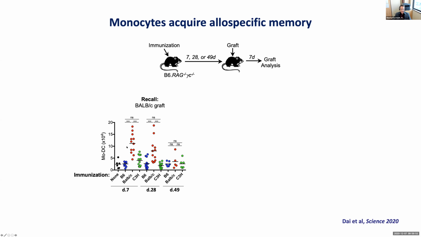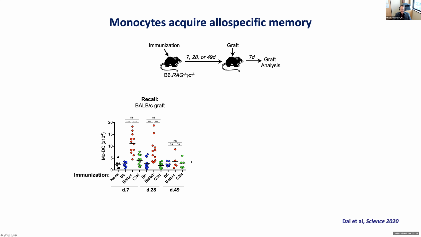What you can see in this graph is that only upon recall with a BALB/c graft after a prior immunization with BALB/c splenocytes do you see a heightened response. If you immunize with syngeneic B6 or with third-party C3H splenocytes, you do not get a heightened response, and that is true for day 7 and day 28 after primary immunization.